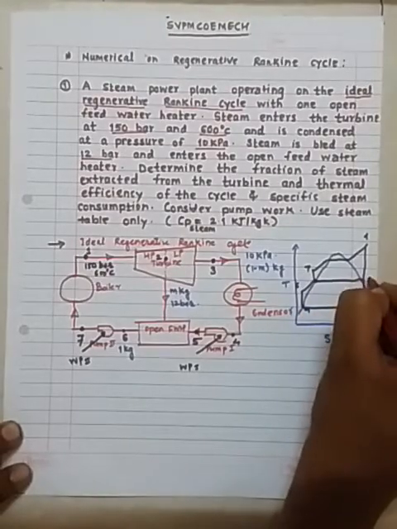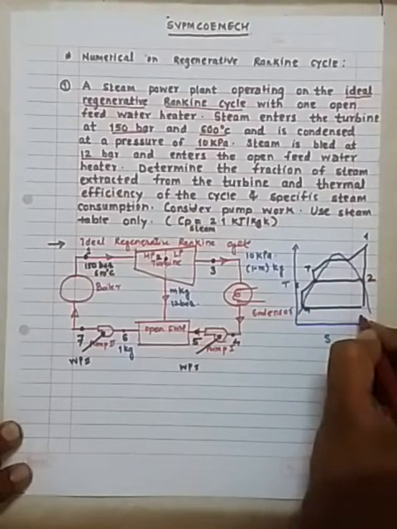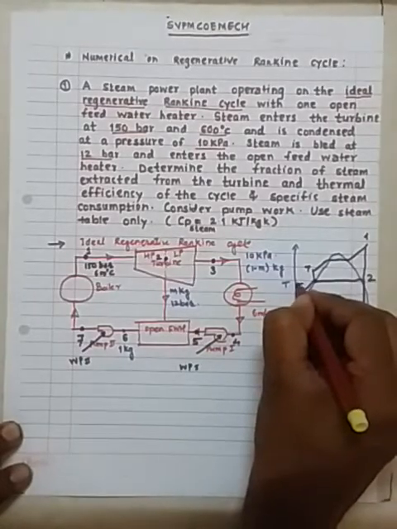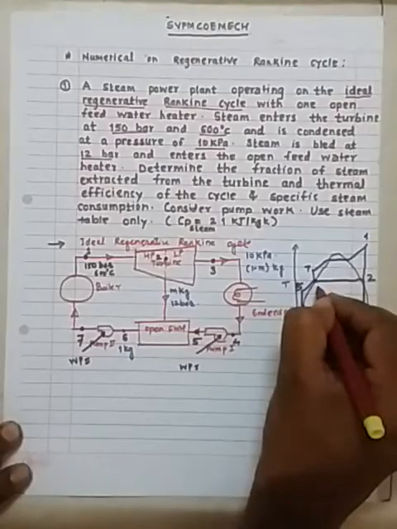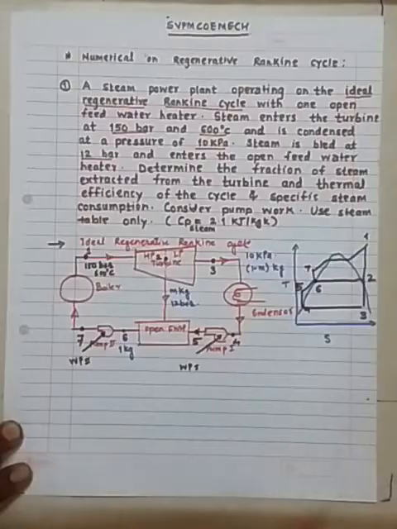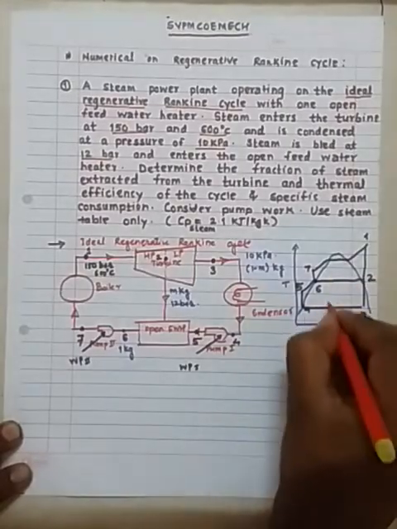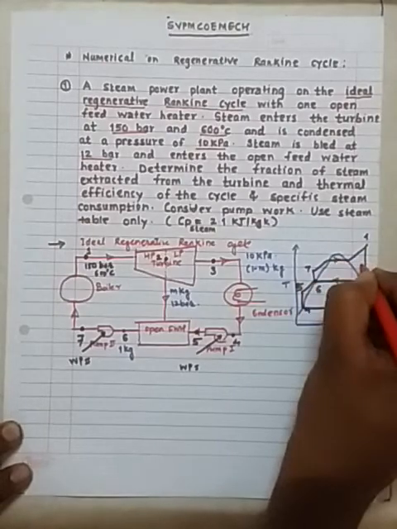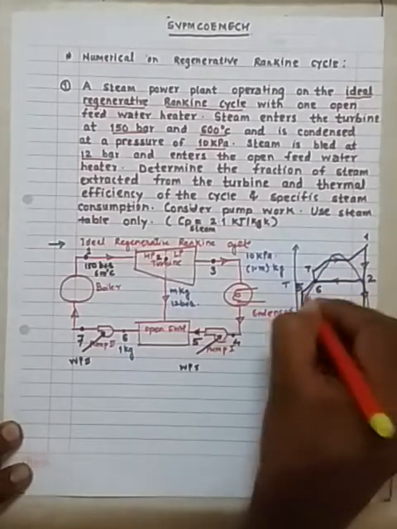So this is 1, this is 2, this is 3, this is 4, this is 5, this is 6, and this is 7. I am just showing with the help of arrows. These are the arrows to show the different processes.